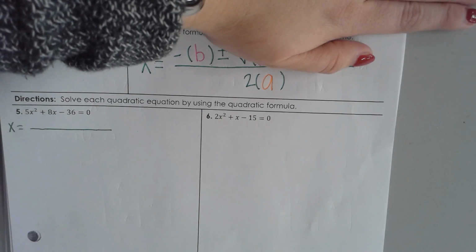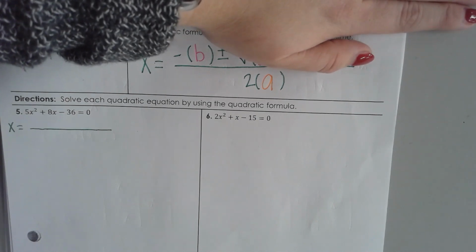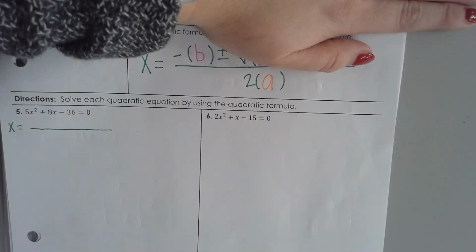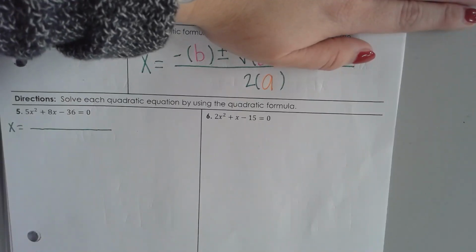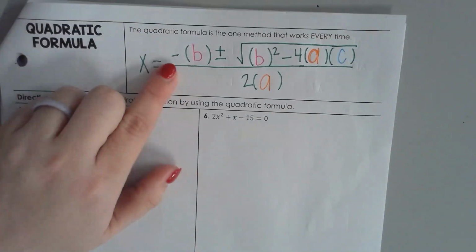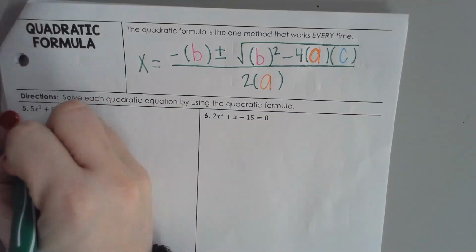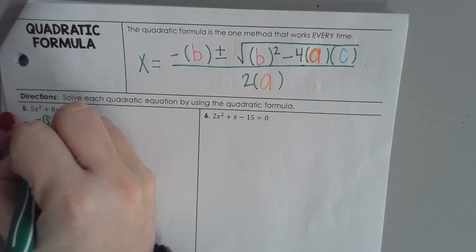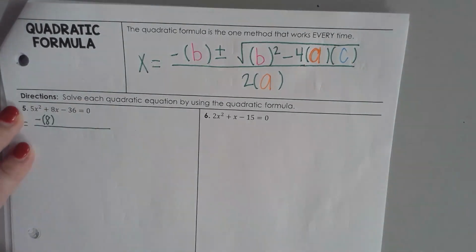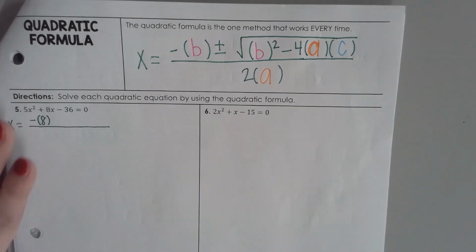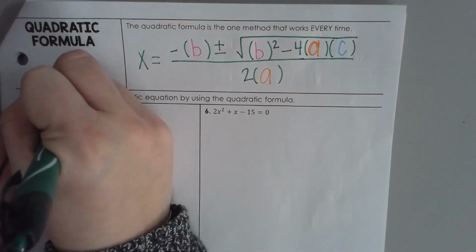Does that look familiar? Negative b over 2a. We've done that to find the vertex, right? So that's part of this quadratic formula. So negative b, you always have the negative, and then my b is 8. If your b was negative, you would put both negatives. Plus or minus, I'm not going to explain that yet.